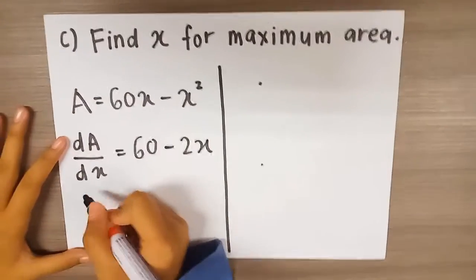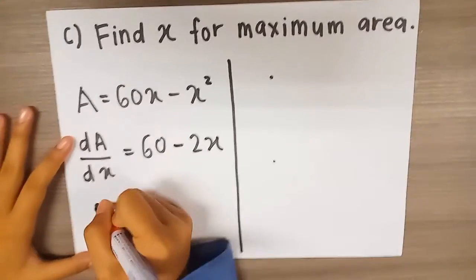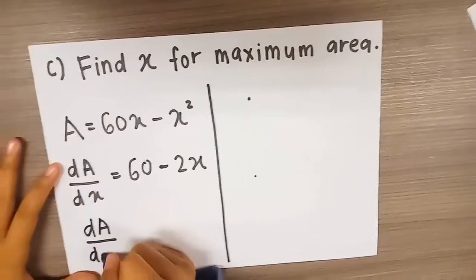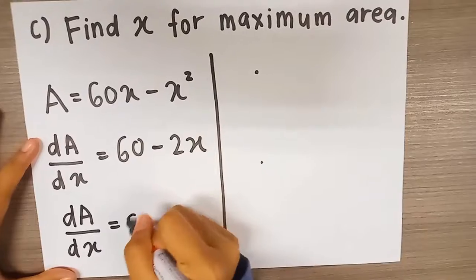To find the maximum area, dA over dx equals 0.